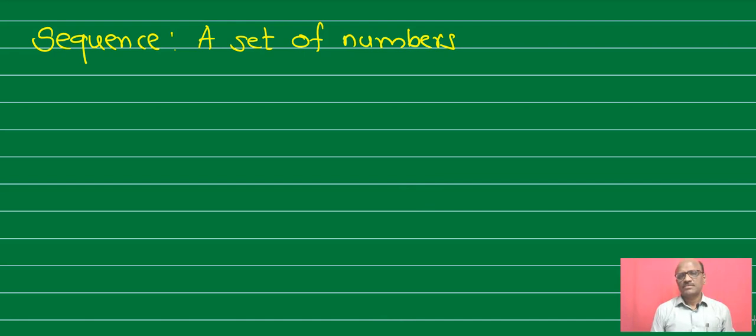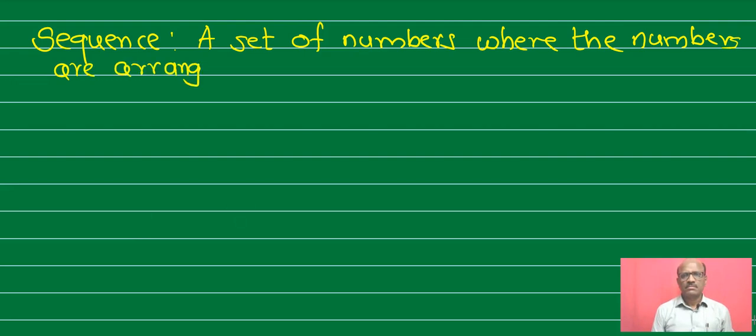सेट ऑफ द नंबर्स, अशा संख्या असतील की एका विशिष्ट पद्धतीने वाढत जातील, कमी होत जातील. A set of numbers where the numbers are arranged in a definite order.